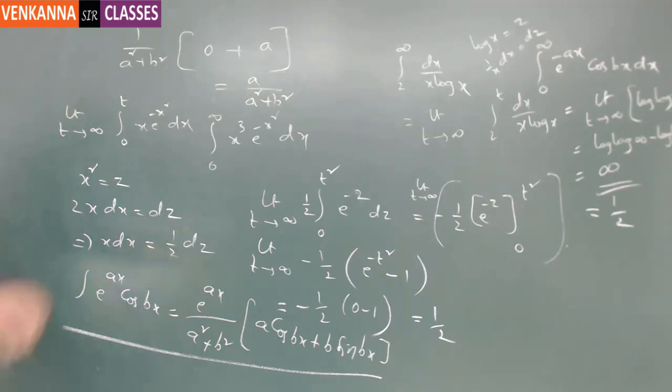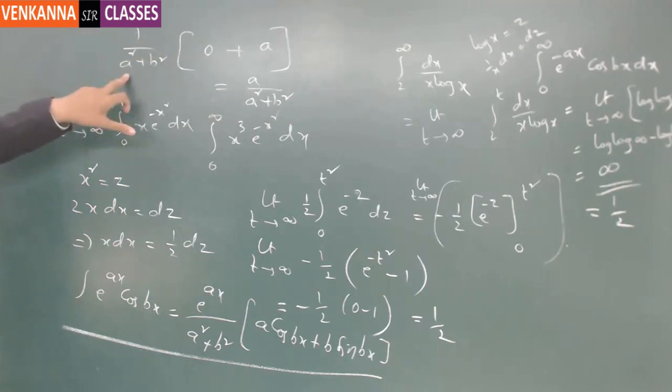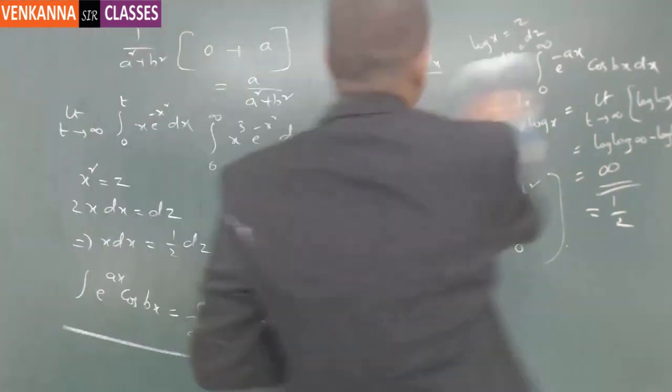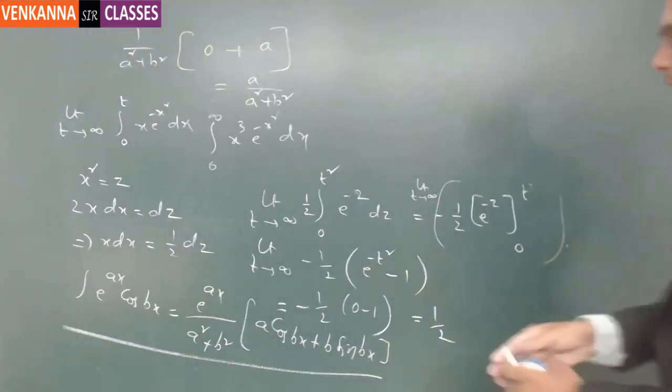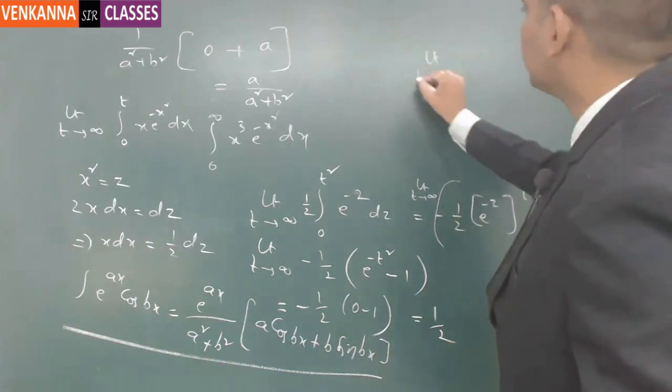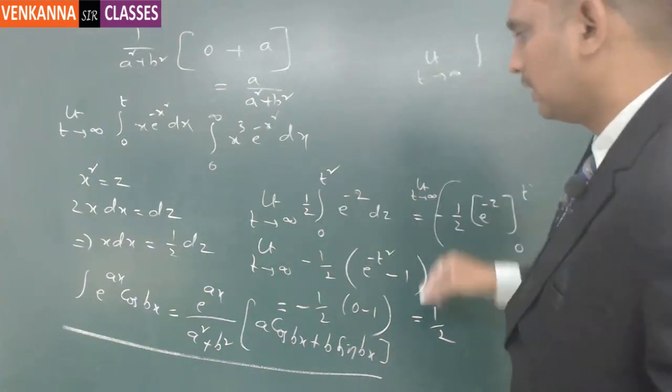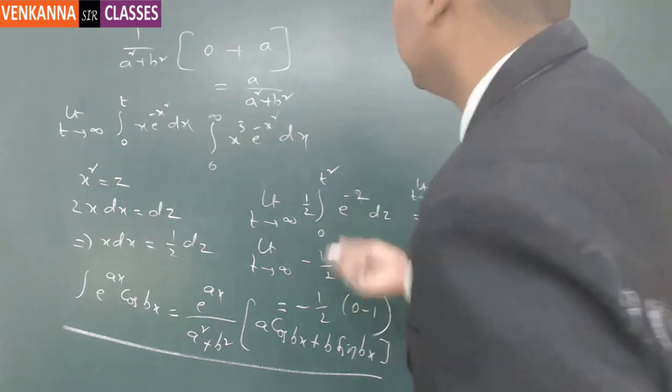Answer for last question, a by a square plus b square, because if you apply, the thing is going to come as, so limit t tends to infinity, the problem.